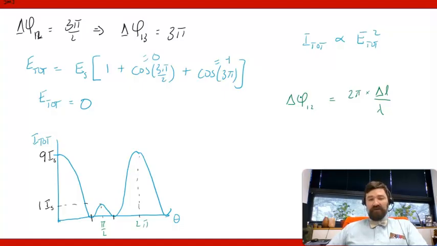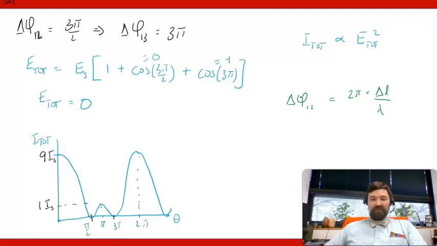Sorry, this one is 2 pi. This one right here is 1 pi. This is pi over 2, and this is 3 pi over 2. So not entirely drawn to scale here, but that's where these locations are in terms of delta phi.